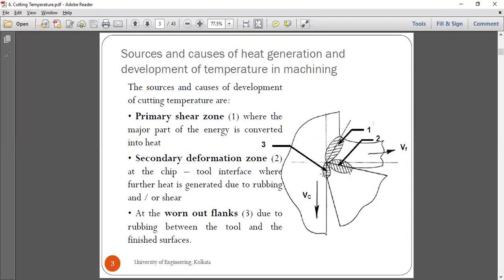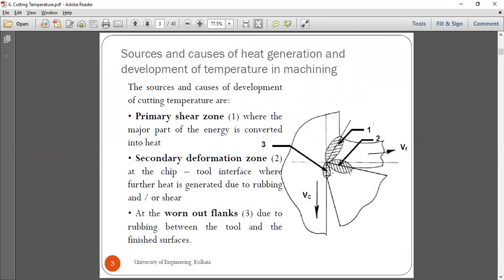Now this happens due to incorrect flank clearance angles. If you remember, we discussed the importance of the flank clearance angle while discussing the tool geometry.